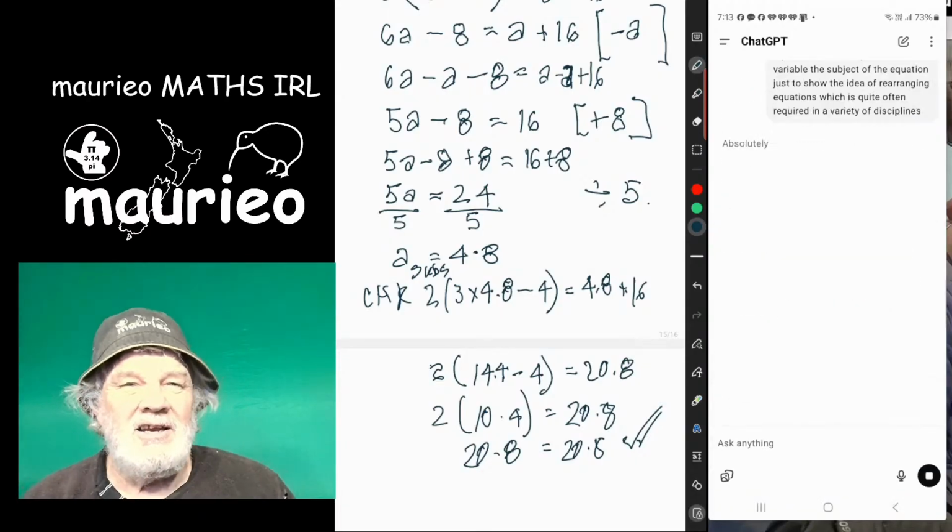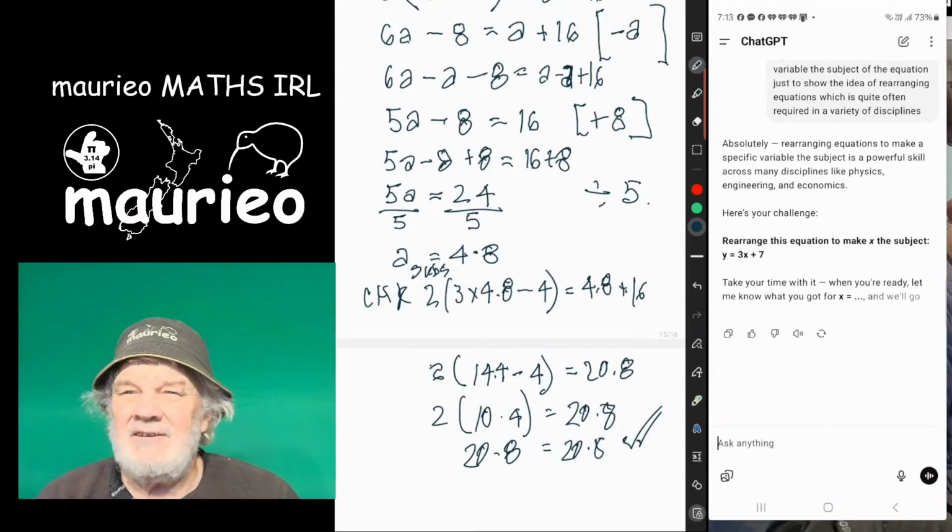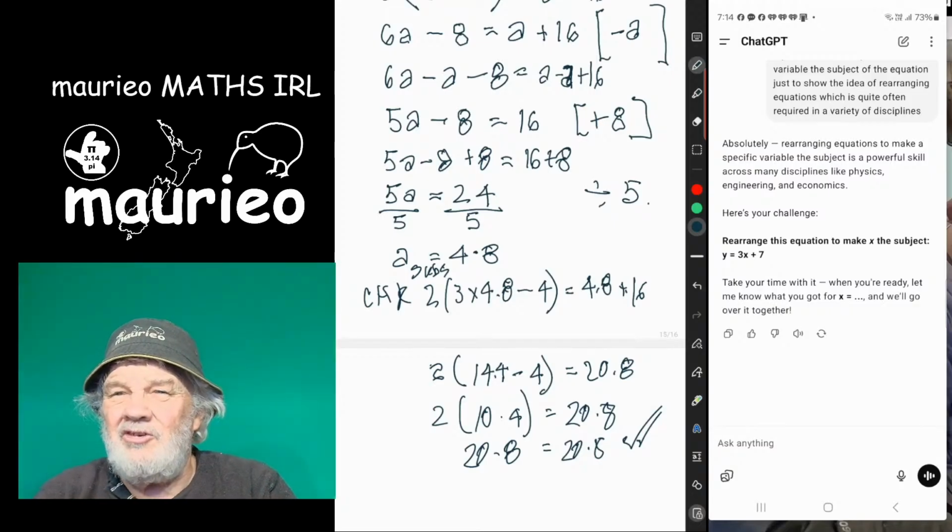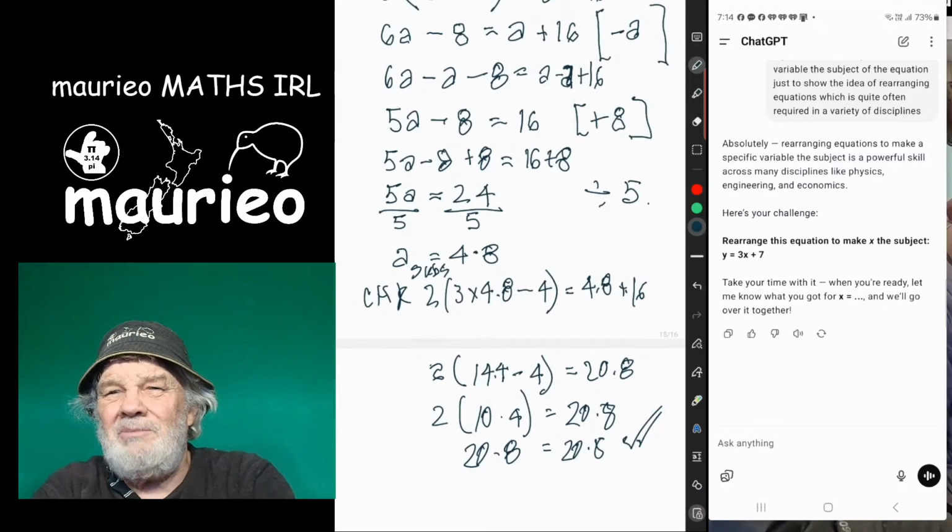Okay, so let's see what we get there. Rearrange the equation to make x the subject.